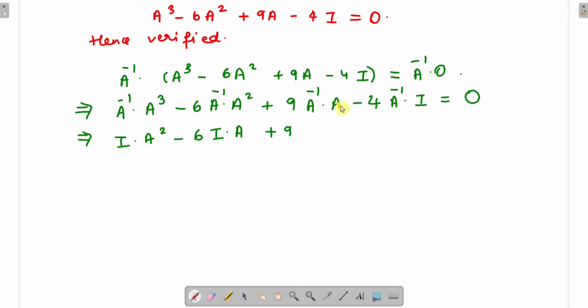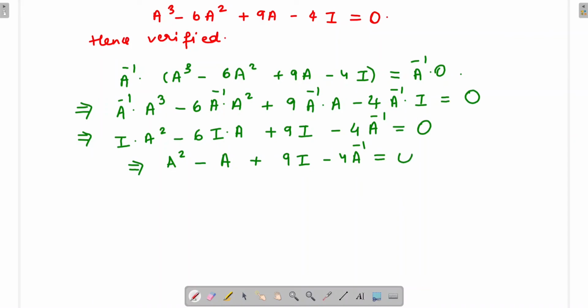Then A inverse times A is I, minus 4 times A inverse times I. Any matrix multiplied with the identity matrix gives the same matrix back, so A inverse here, equal to the 0 matrix. Identity times A square is again A square, minus 6 times identity times A will be A, plus 9I minus 4A inverse equal to the 0 matrix.